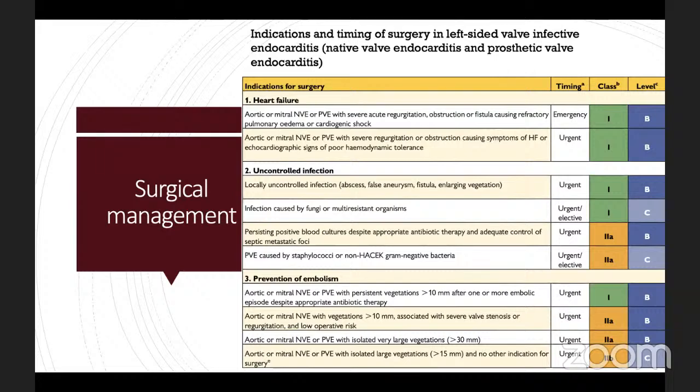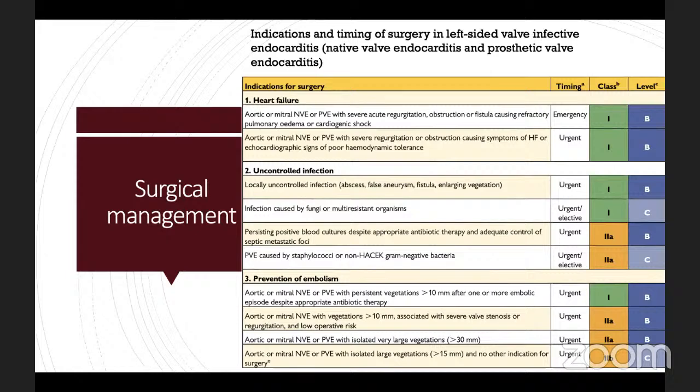You can go for surgical management to prevent emboli: aortic or mitral native or prosthetic valve with persistent vegetation more than 10 millimeters after one or more embolic episodes, despite appropriate antibiotic therapy.